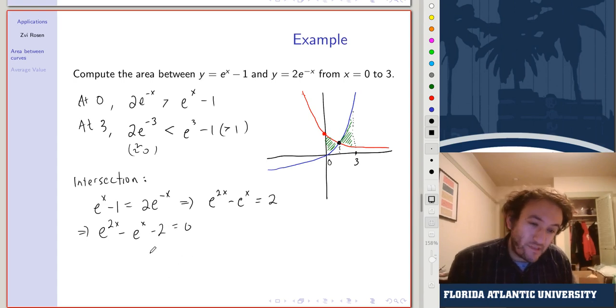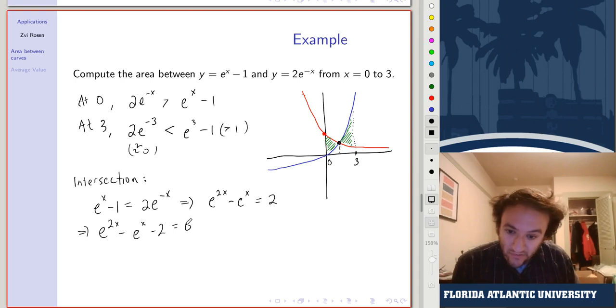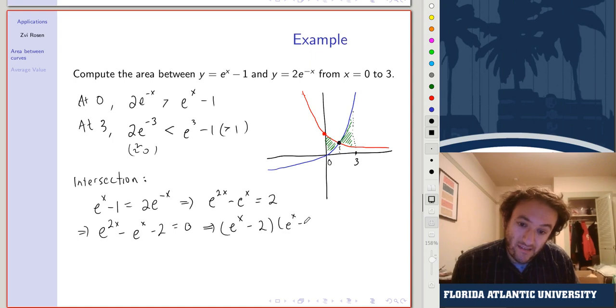And you'll notice this has a form very similar to a quadratic equation. And indeed, it's a quadratic equation in e to the x. So we can factor it like any other quadratic equation, and we'll get e to the x minus 2 times e to the x plus 1 equals 0.